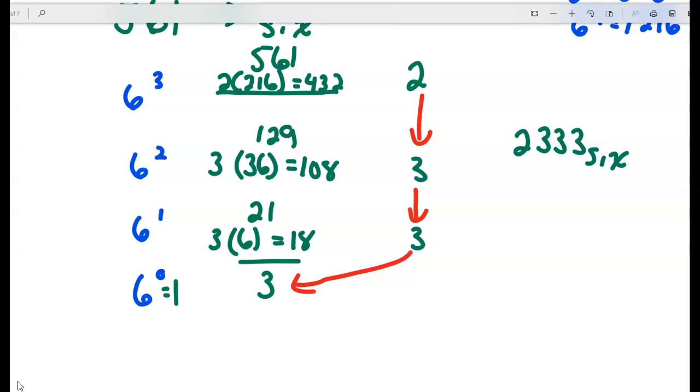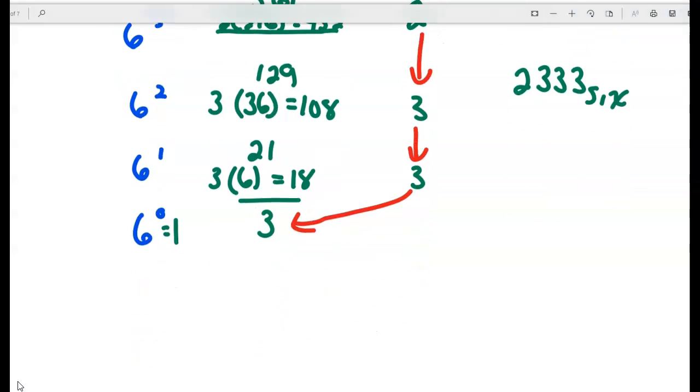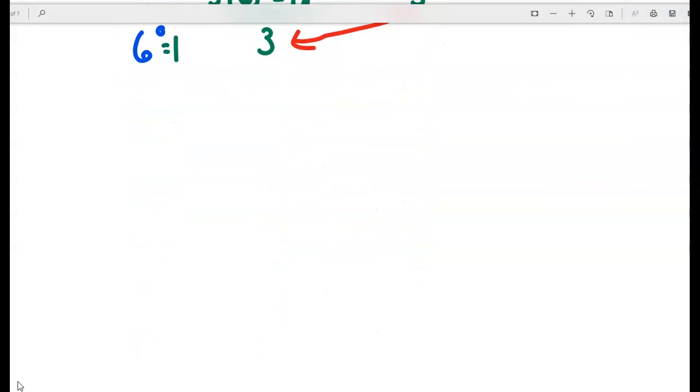Now, sometimes to me this is more difficult to look at because I'm trying to figure out which way things go. So I'm going to show you a separate way. If I start with 561, I'm going to divide that by 6, because we're talking about base 6.